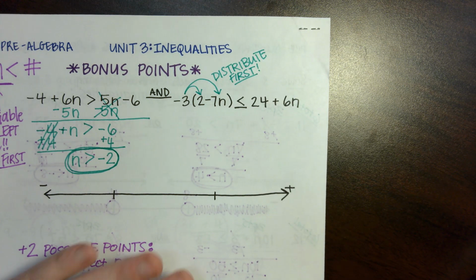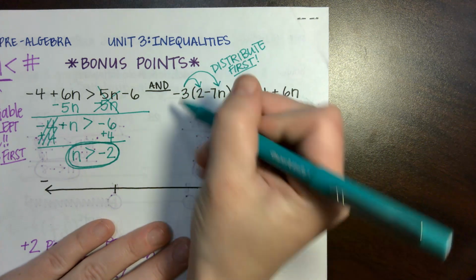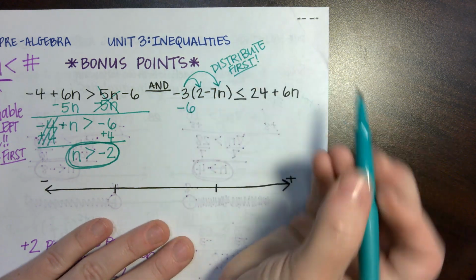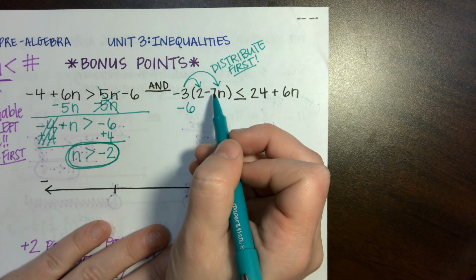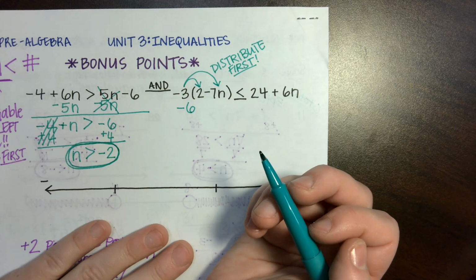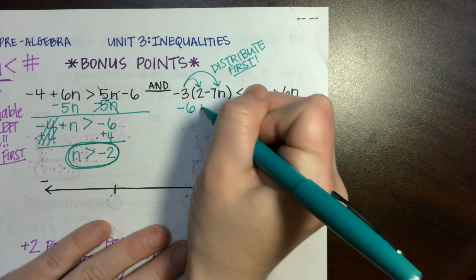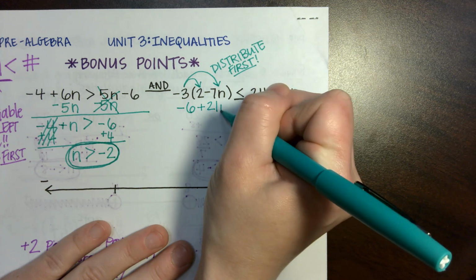Okay. So what is -3 times 2? -6. And what is -3 times -7n? Yes, positive 21 what? N. Good.